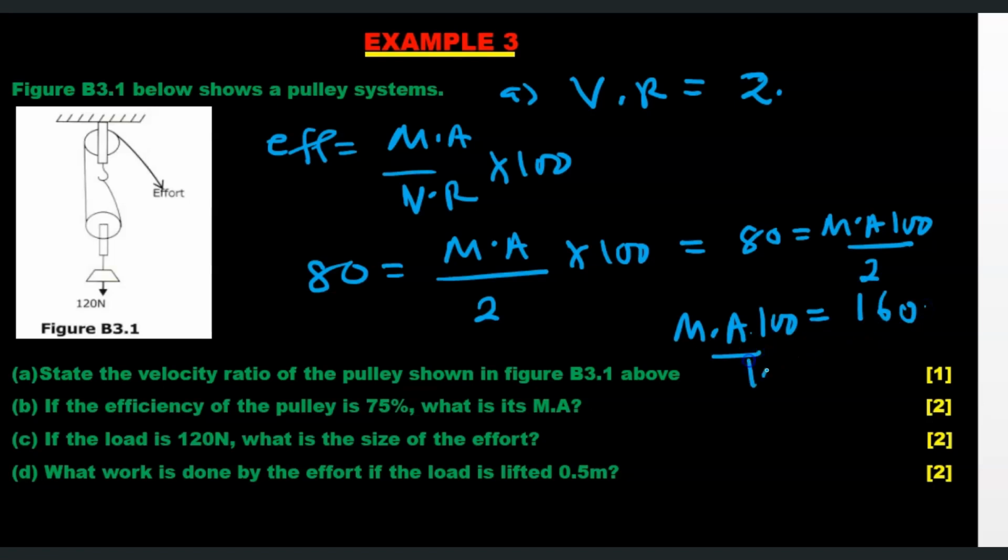If we divide both sides by 100, the mechanical advantage is 1.6. That is our mechanical advantage.